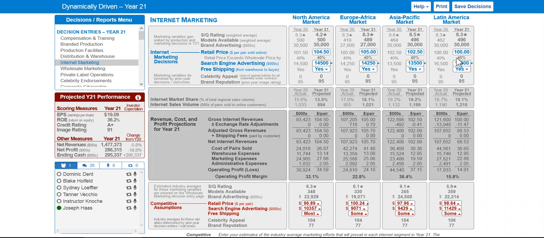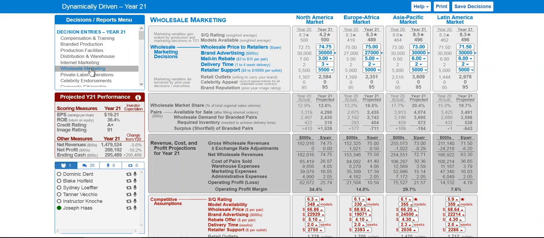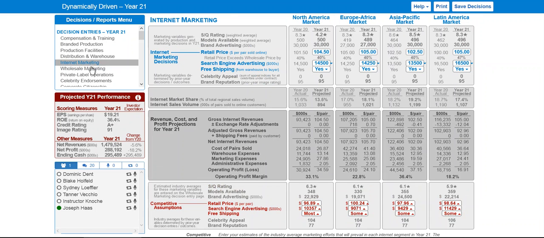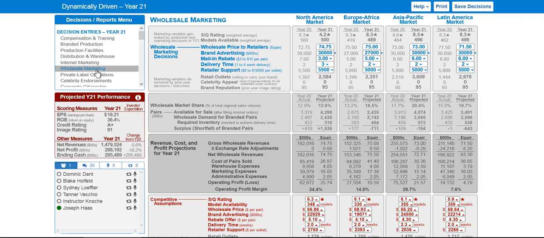In some cases, I would actually sell more than 40%, depending on the reason. So over here I could jack up the price to 45% over the wholesale price if I wanted to. So the price between these two had to be 40% apart, or you would get a red mark letting you know that there would be a problem.